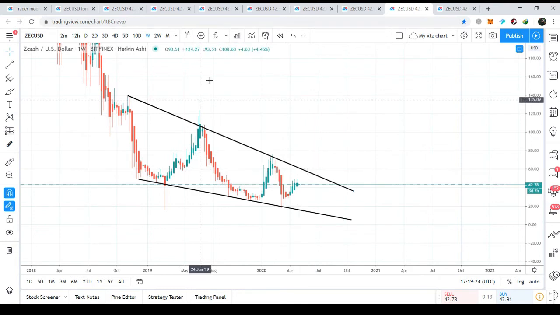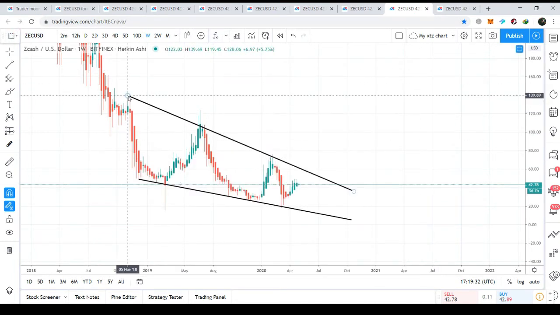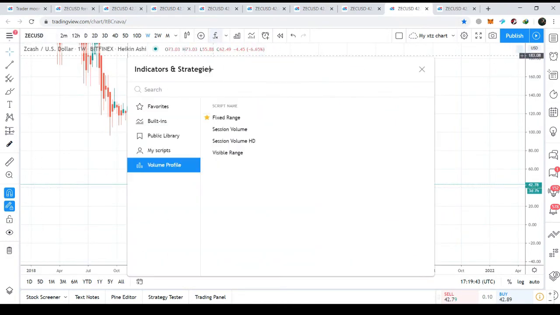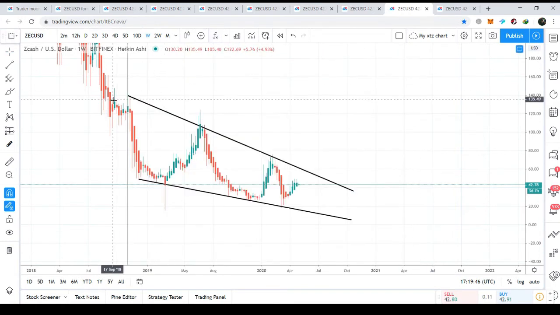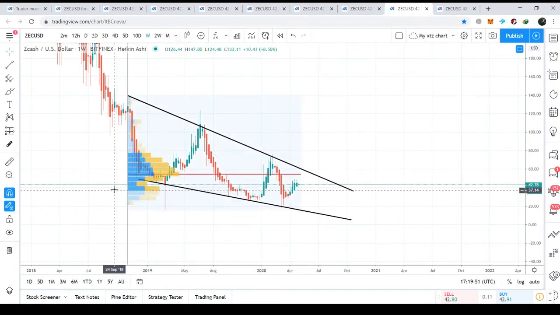It will not be able to reach the resistance of this pennant. The reason behind that is, first of all, I would like to place my favorite indicator, the volume profile. It is a very useful indicator. I'm placing this volume profile on the complete price line moving within this falling wedge, and after placing this tool we can easily observe that the traders' interest is up to almost $37, where our bullish bat pattern's potential reversal starts, and the point of control of the volume profile is at $54 or $55.